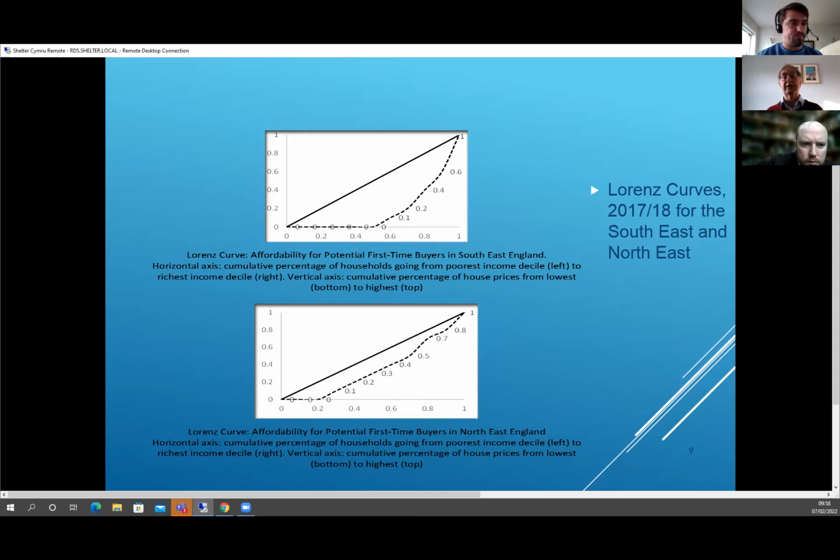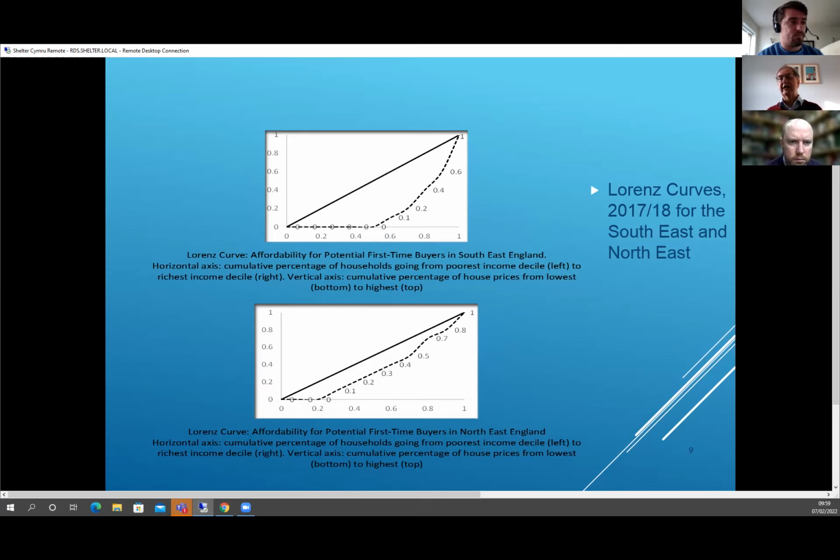To give you an example of what it means, in the top one, for potential first-time buyers in the Southeast in 2017-18, you actually had to have an income above the median income to be able to afford any housing to buy in the Southeast of England. It's that extreme. You can see it moves up quite sharply.